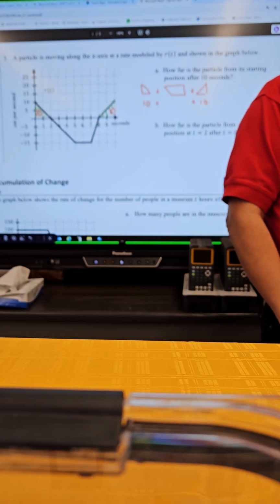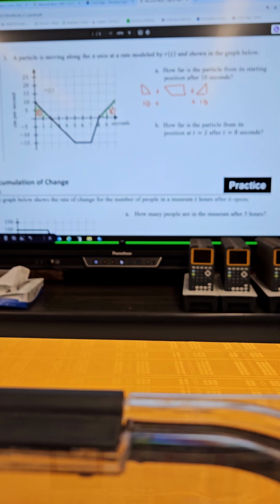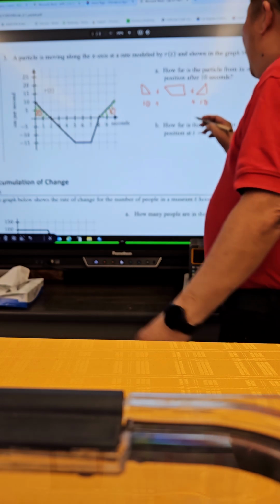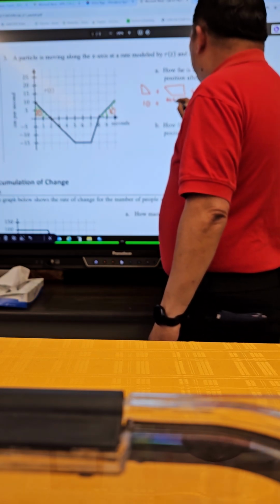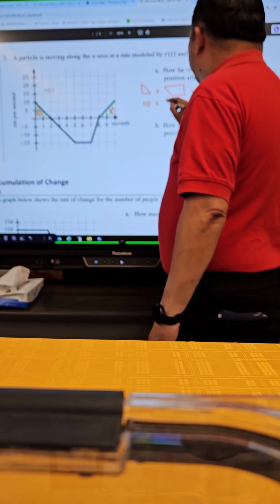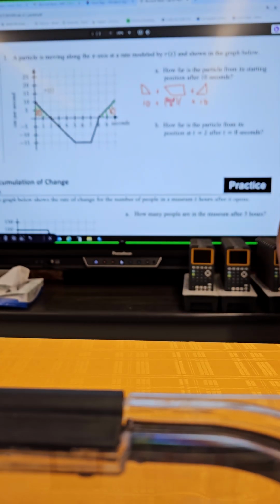So 6 plus 2 over 2 times the height. What is the height? Negative 15. But shall we consider negative 15? Okay. Doesn't matter.